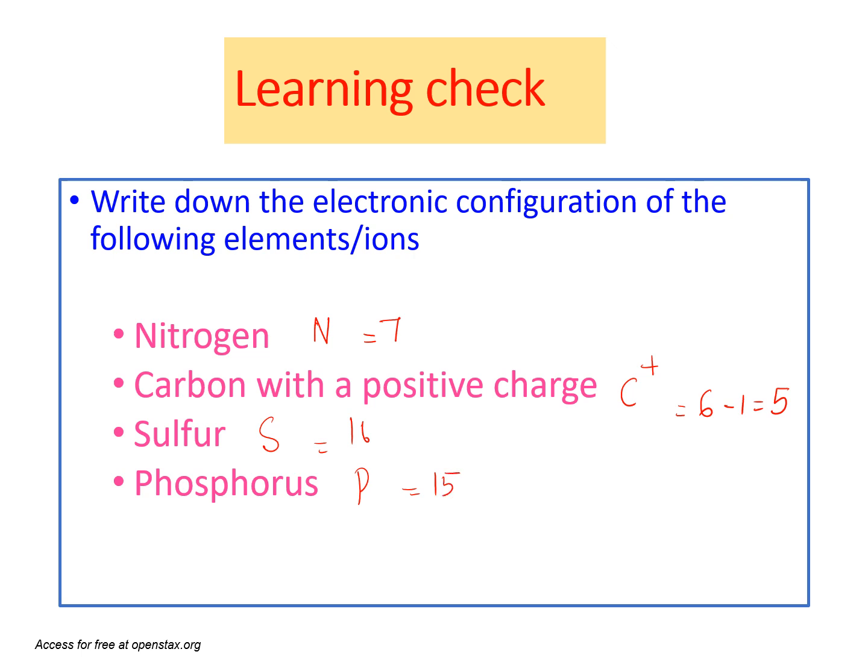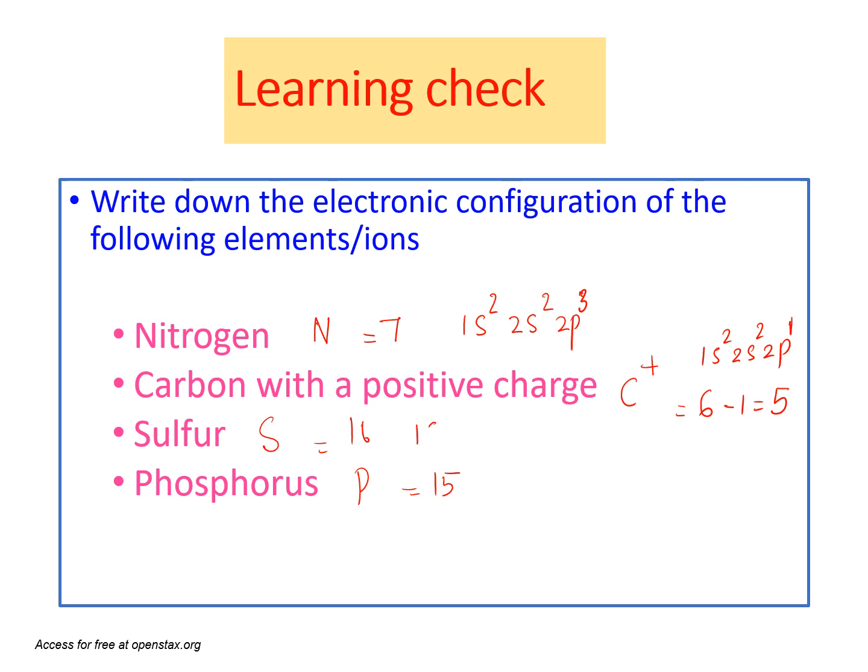So you can write this as 1s2, 2s2, 2p, how many? 3, right? Because 7 electrons. Now carbon will be 1s2, 2s2, 2p1 because you have lost 1 electron, so it's 5 here.